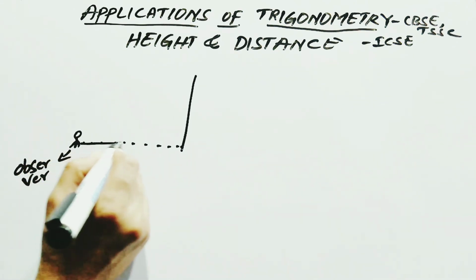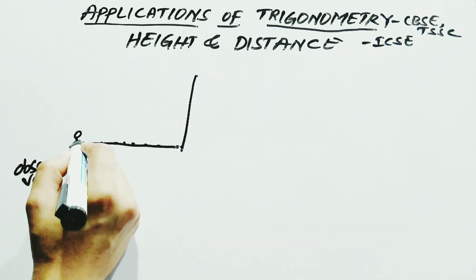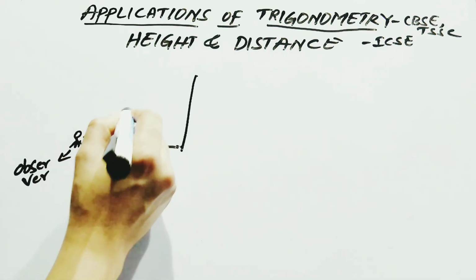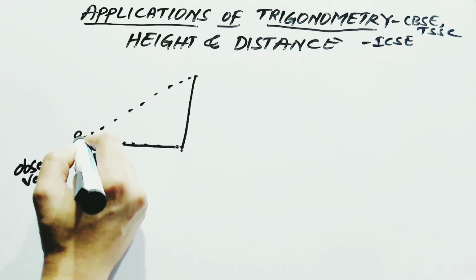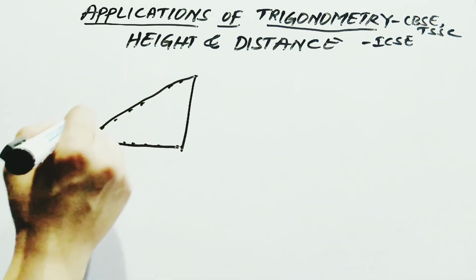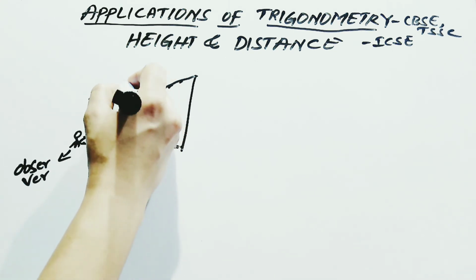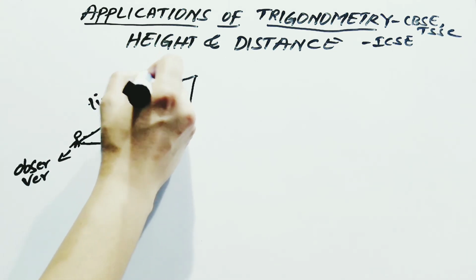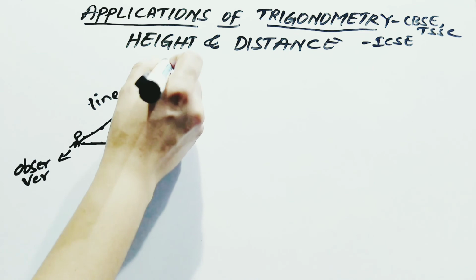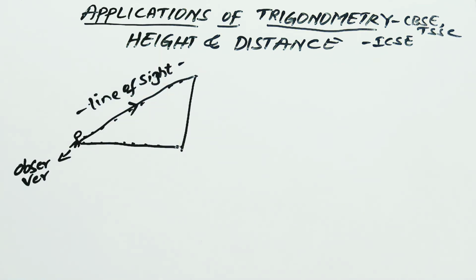This is the top of the building. If a person is seeing the top of the building, this line is called the line of sight.